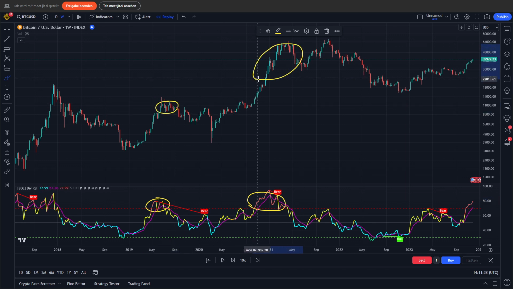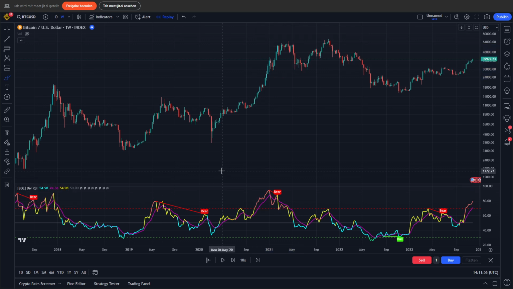As soon as you lose that 70 range, the overbought zone, and as long as the RSI is above the 50 level, I learned that when the RSI is above 50, you are still in bullish momentum.